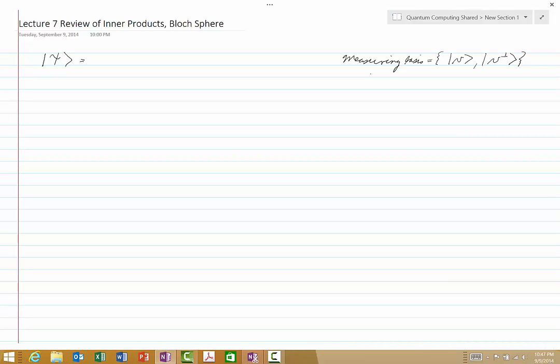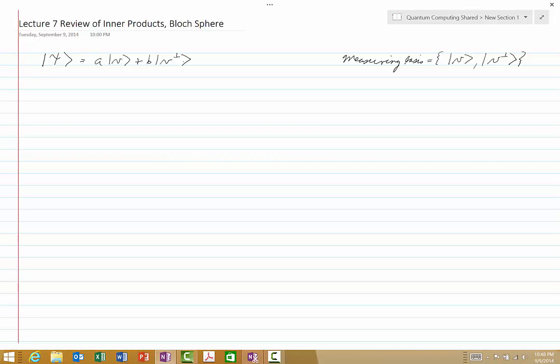Then we know that the way that we can express the state C in terms of that basis is as follows. We could write it as A multiplied by V plus B multiplied by V orthogonal.